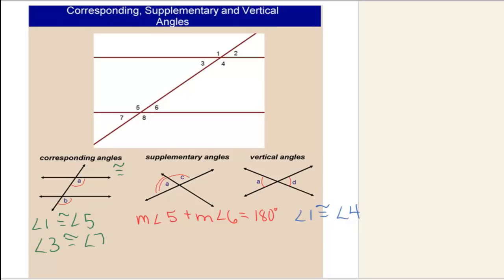This is the first video of a series. And you're going to list all the corresponding angles, supplementary angles, and vertical angles that you find. And again, there are 4 pair of corresponding angles, 8 pair of supplementary angles, and there are 4 pair of vertical angles. Good luck.